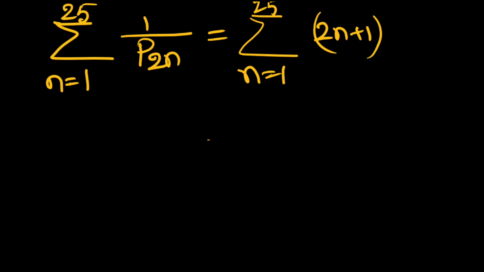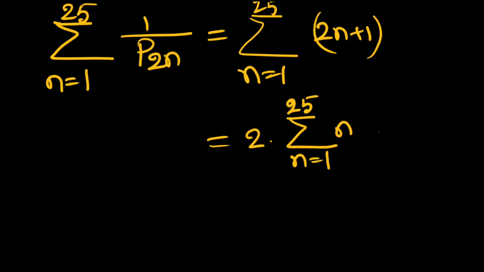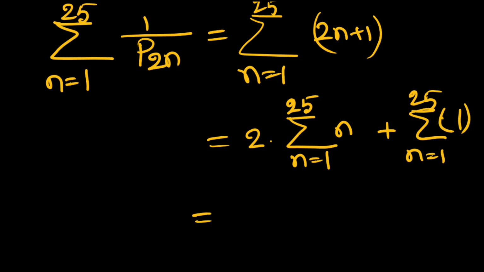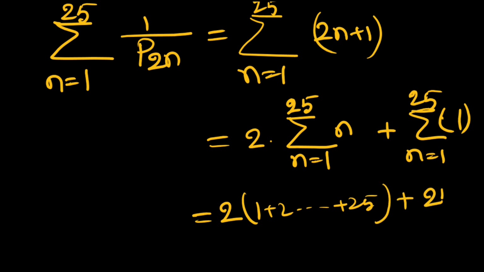Now break this summation to bring 2 outside the summation: 2 times summation n = 1 to 25 of n plus summation n = 1 to 25 of 1. Therefore that is 2 times (1 + 2 + ... + 25) plus it is 25 times, that is 25.